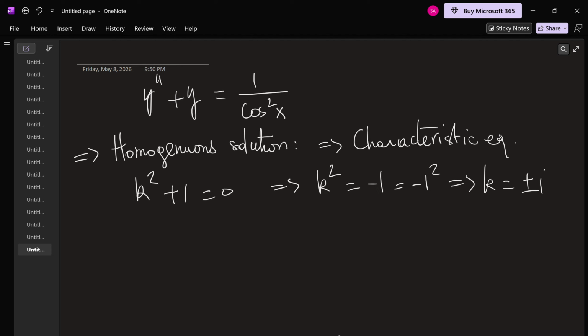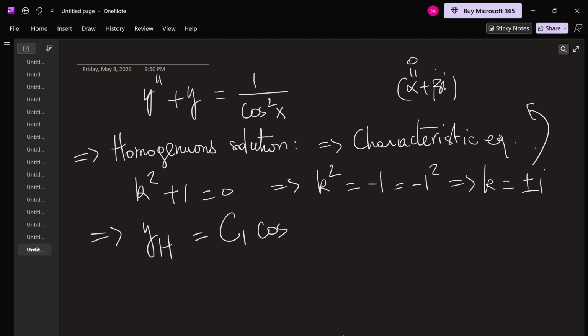Okay, so eventually the solution contains the homogeneous solution. yH is c1 times cosine. Remember that this is of the form alpha plus beta i, where alpha is equal to 0 and beta is equal to 1.